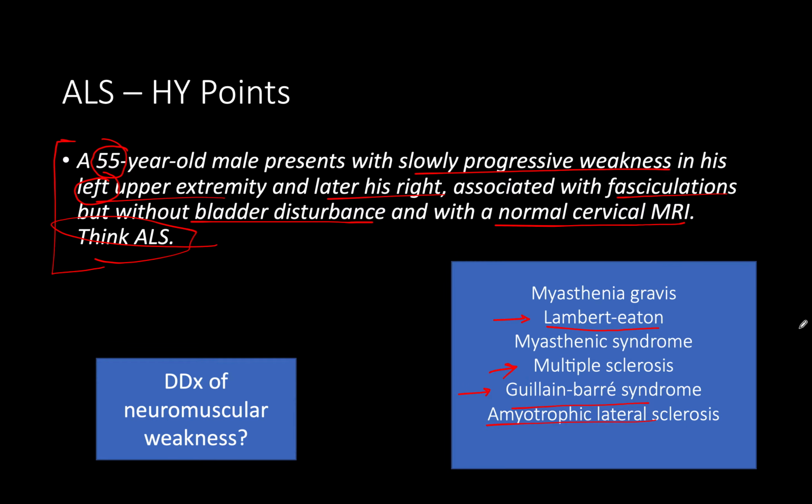Those calcium channels are very important for allowing synthesis and release of all the neurotransmitters from that presynaptic terminal into the synapse. When you have those antibodies formed to those calcium channels, you're going to block or destroy those calcium channels. Now you have all these vesicles full of neurotransmitters that can't actually fuse with that membrane and release the neurotransmitters out. So that results in that NMJ weakness as well. Okay, excellent.